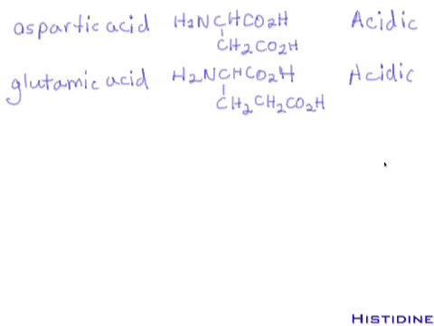Let's now take a look at a unique amino acid, histidine. Histidine is also an essential amino acid. I hope I haven't been missing indicating which amino acids are essential.